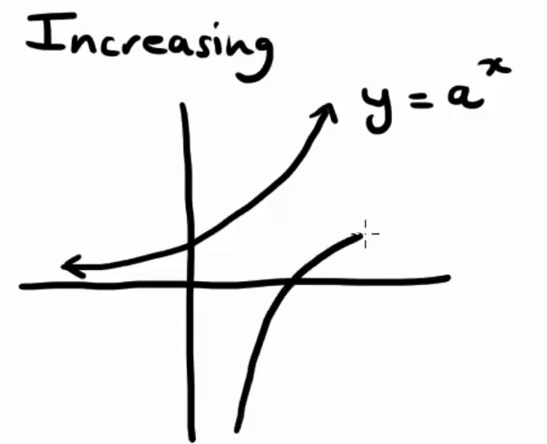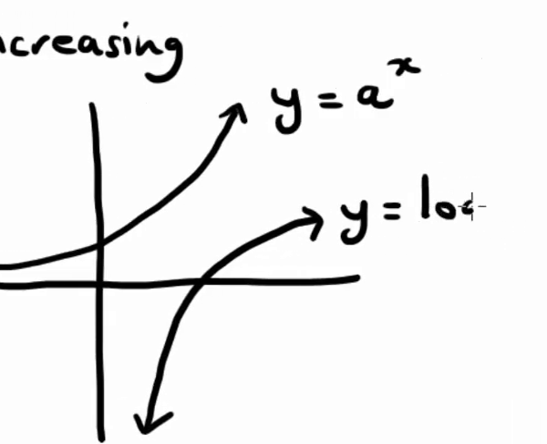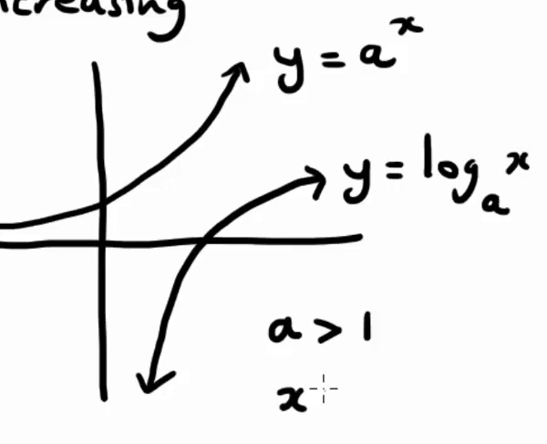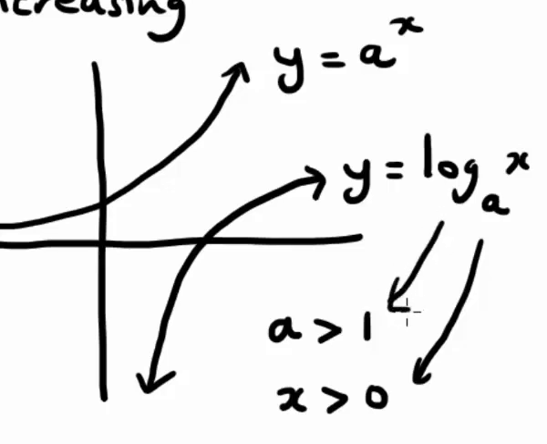If you look at the log graph, which is the inverse here, that is also an increasing graph as it moves up from left to right. That's log x to base a. Now there are certain restrictions. Your a in this case is bigger than 1, like 2^x, 3^x, that kind of thing. And x must be positive when you're talking about the log graph. These are conditions on the log graph.